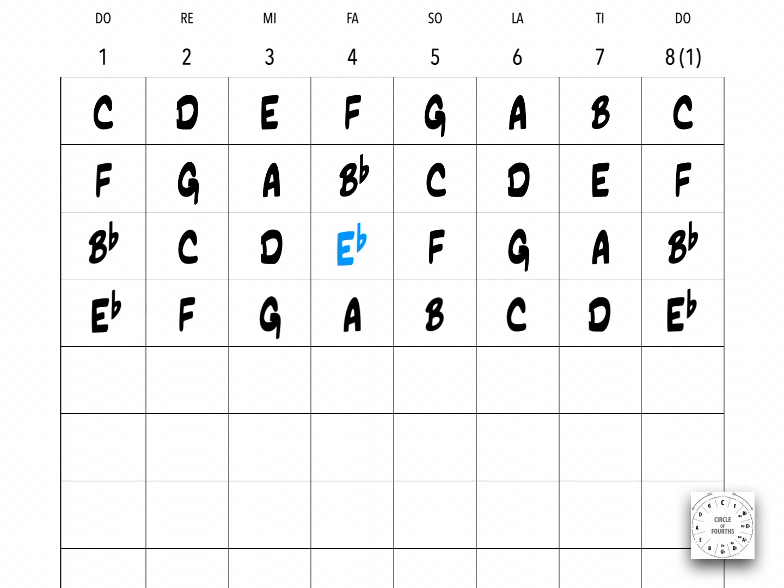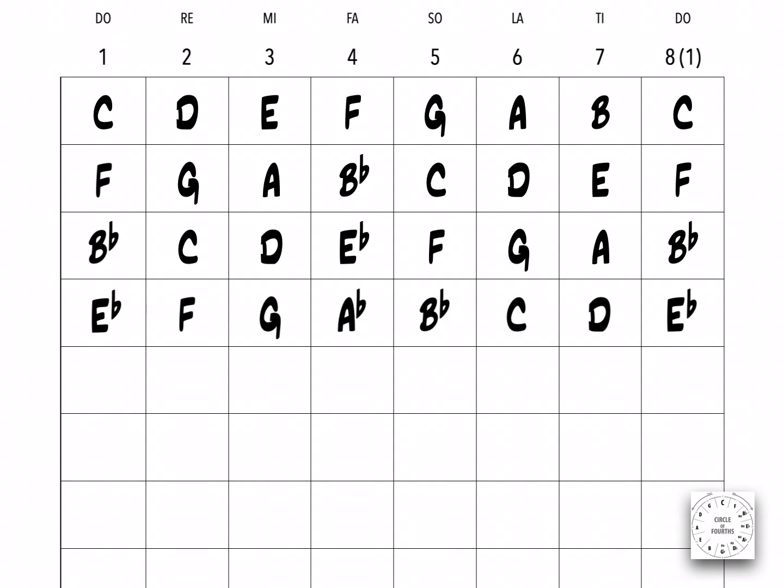We have an E flat in that last scale as well as a B flat, and we carry those flats down to this scale. That gives us still 2 flats. Then we do that last rule where we find the fourth note of the scale. In this case, it's A, and we make it an A flat. And boom, there's how we get the 3 flats for the E flat major scale.